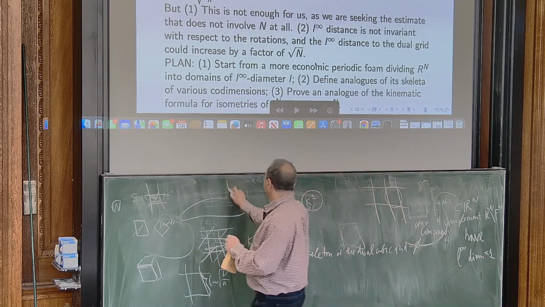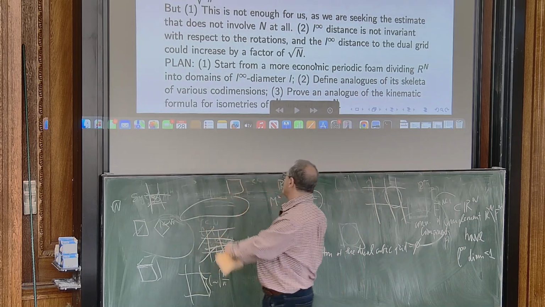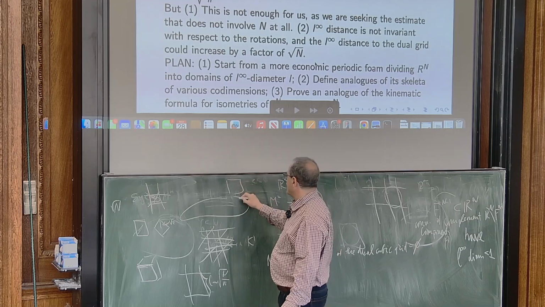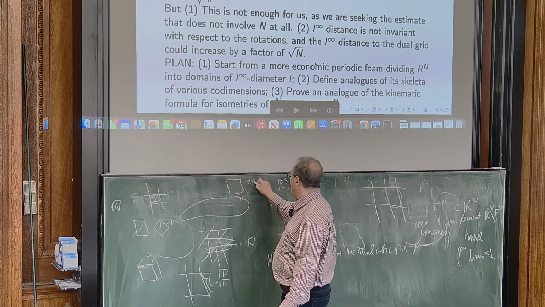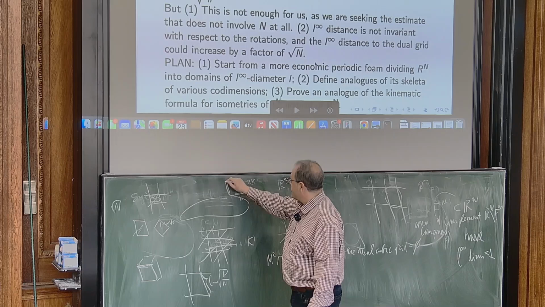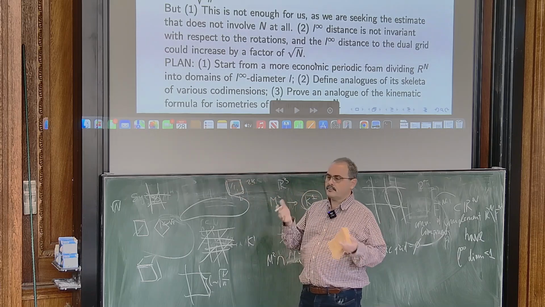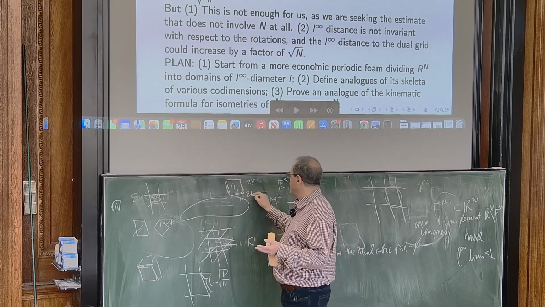But what is important, we really would like to minimize the n minus 1 dimensional area per cell. So if we are using cubes, what will be the n minus 1 dimensional area per cell? Assume that we are talking about unit cubes. We have 2n faces, so the area per unit cell in the n minus 1 skeleton of the cubic grid will be 2n.